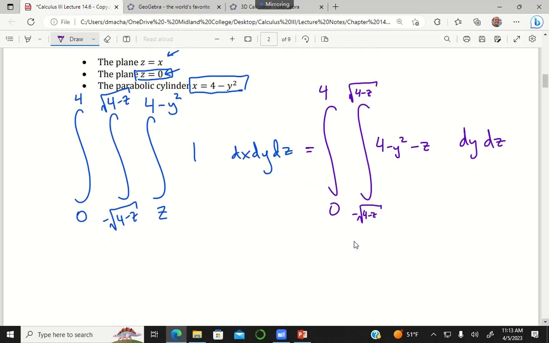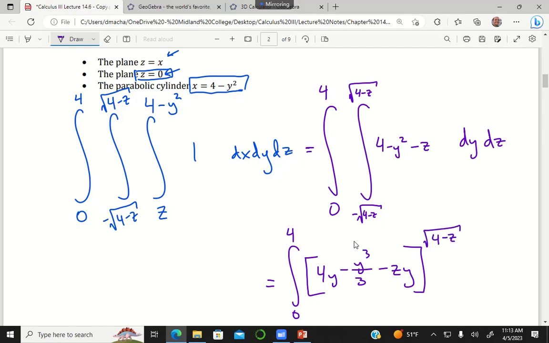Okay. Now I take the antiderivative with respect to y. And so the antiderivative with respect to y is going to be 4y minus y cubed over 3 minus zy. And for y, I'm going to plug in the root of 4 minus z and the negative root of 4 minus z.